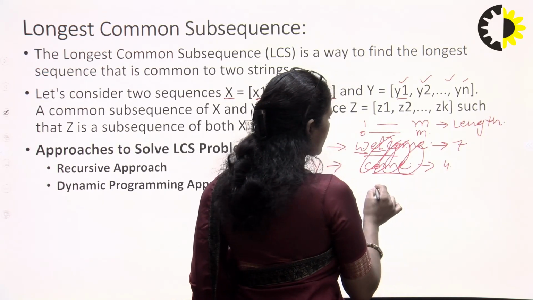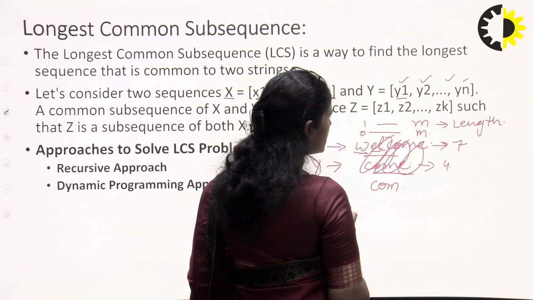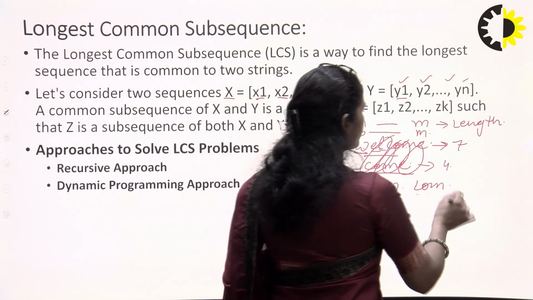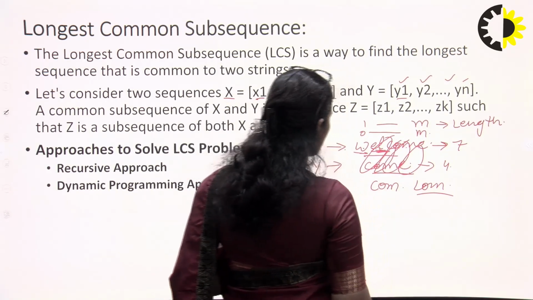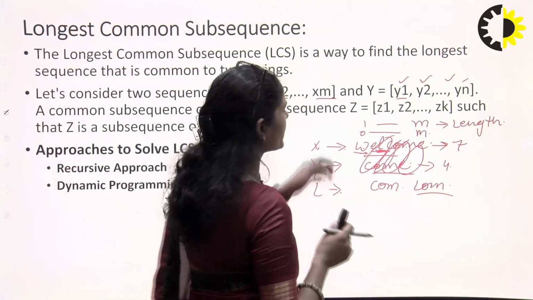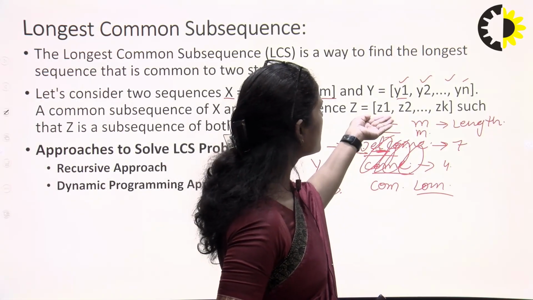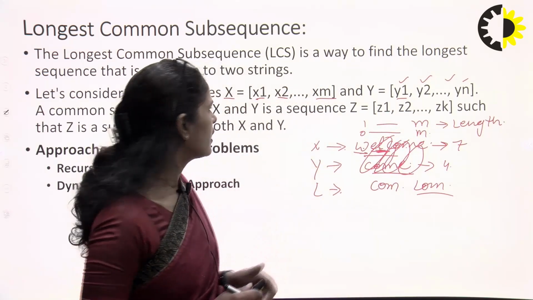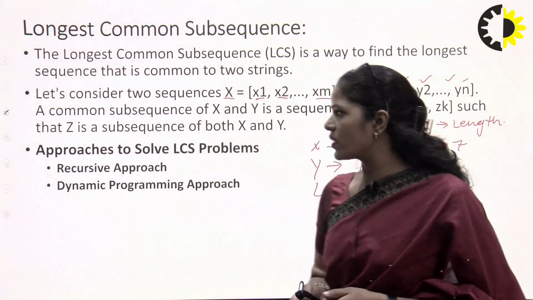We will take the example of com, or we can say lom. These are the possibilities. The number of characters included in a common subsequence we call Z1, Z2, Z3 up to Zk. So this is the maximum length of the common subsequence.